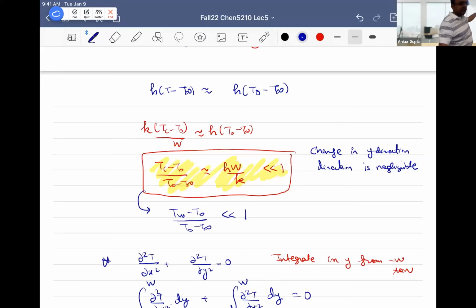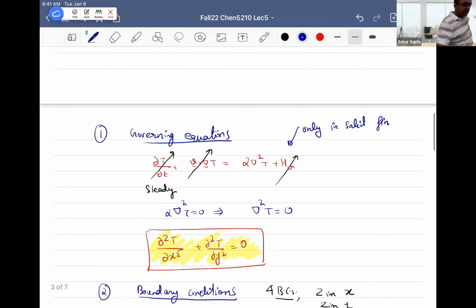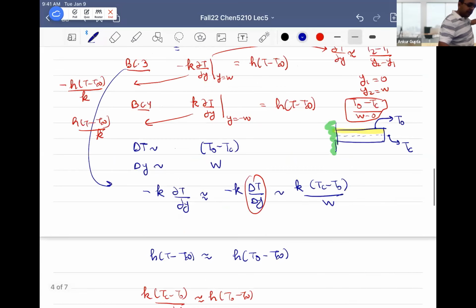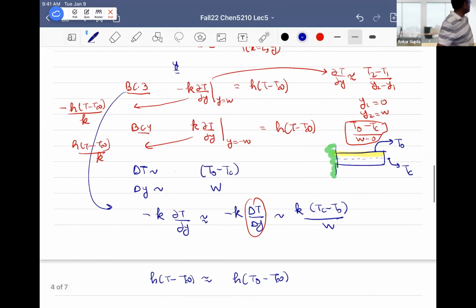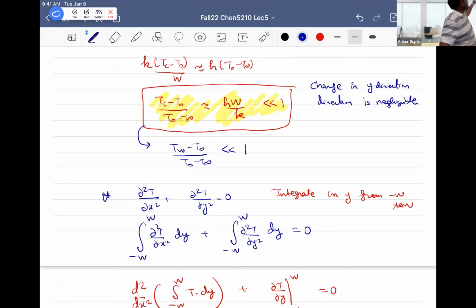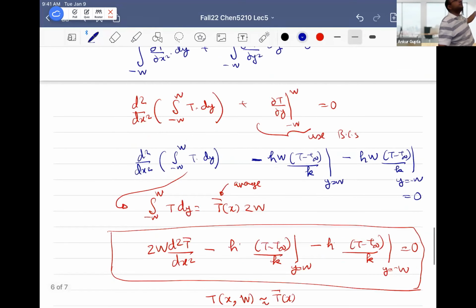Again, I want to emphasize that this is not something that we use first. It was given in the problem that this is much less than one. But more importantly, you can use the boundary condition to inform something about the system. When we use the boundary condition and do orthogonal analysis, we learn that the change in the y direction is negligible for temperature, and that's why we integrate in the y direction and use that the average is equal to the local temperature.